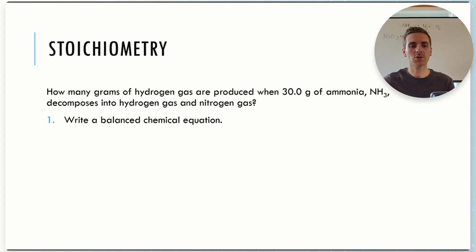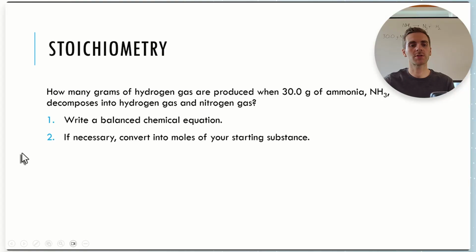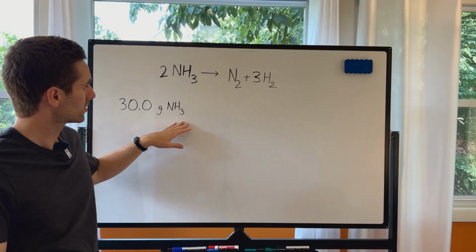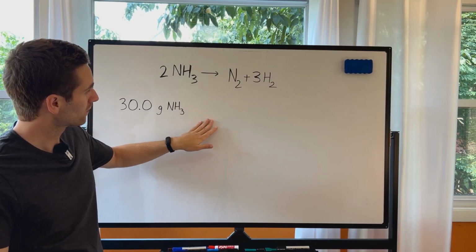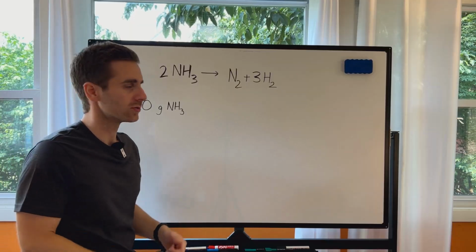So the first thing you need to do is convert into moles of your starting substance, if necessary. I say if necessary because in some cases you may just be given the moles to start. But in this case, we're not. We're given the grams of NH3, so we first need to convert that into moles.